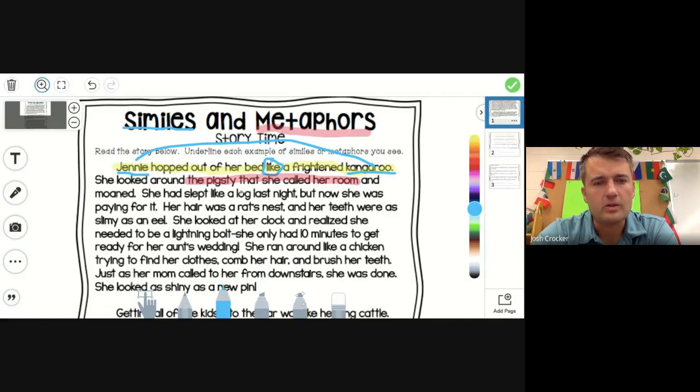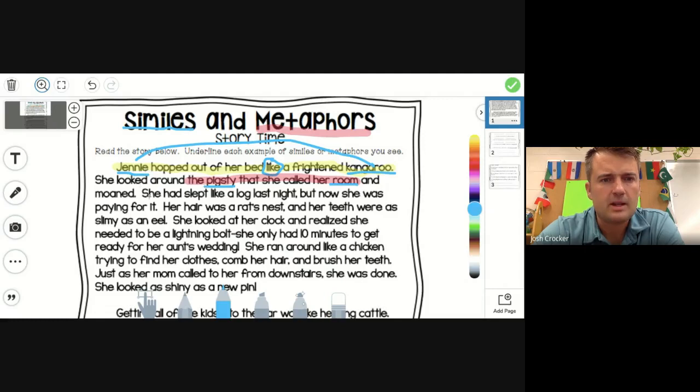So, what two things are being compared here? Well, we're comparing a pigsty and her room. And they did not say like or as, those are simile words. They just basically made the comparison with nothing. They just said that she called it a pigsty. Okay, and calling her room a pigsty tells us something about her room. It tells us that it's pretty messy, right? So that's how the metaphor helps us see what's going on.